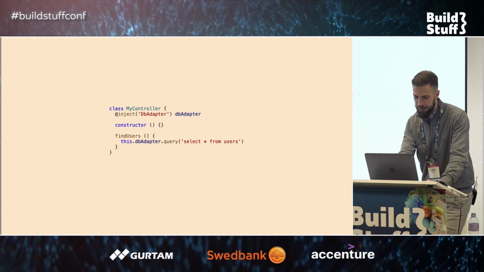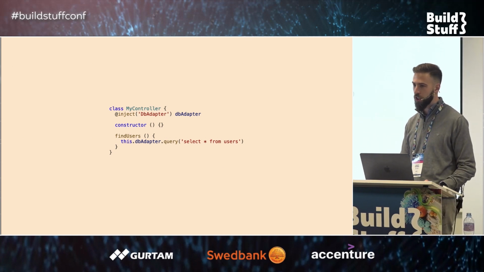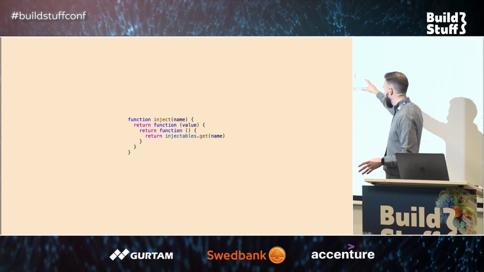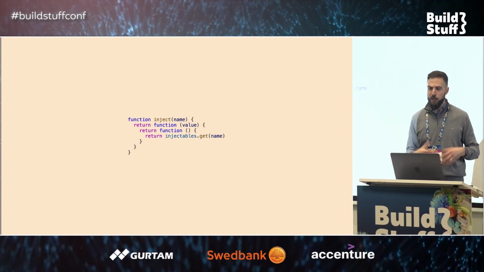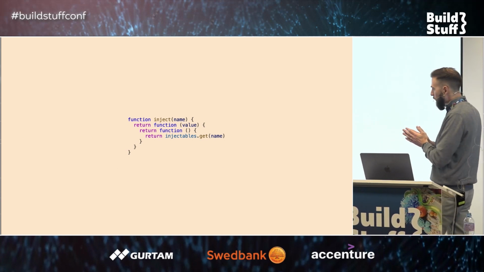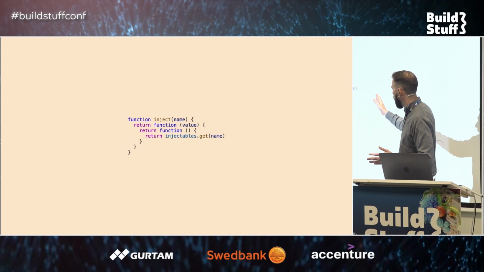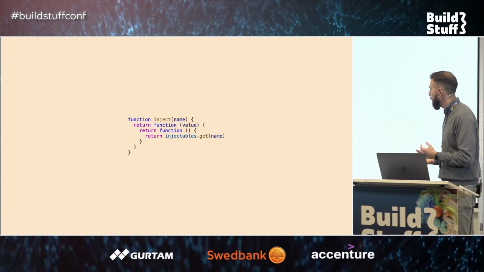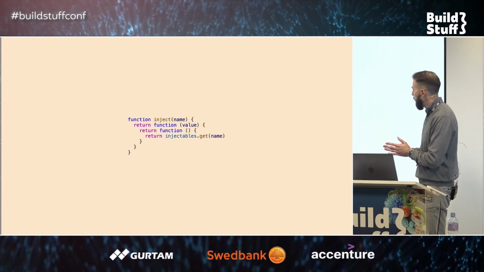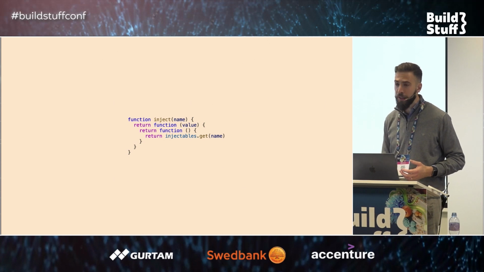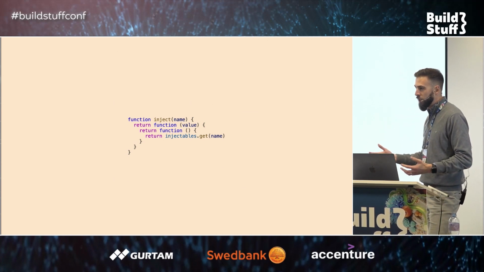How could this inject decorator look like? Well, first of all, we need this wrapper function, which takes the name. That's going to be the name of the class. Then we return this decorator function, which takes the value. And in here, we want to replace or actually initialize the value with the instance.